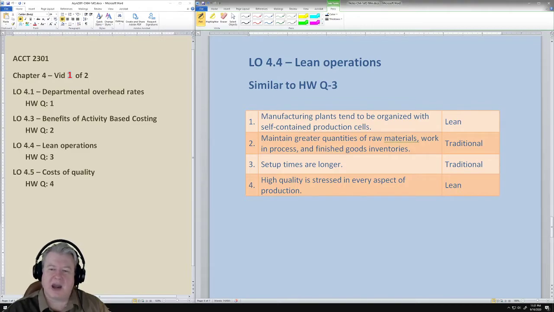So here we can look at a couple of example questions from the actual question. Manufacturing plants tend to be organized with self-contained production cells. Well, that's lean, just meaning that they're not super reliant on other parts of the production cycle. They manage themselves very well. Here, maintain greater quantities of raw materials.